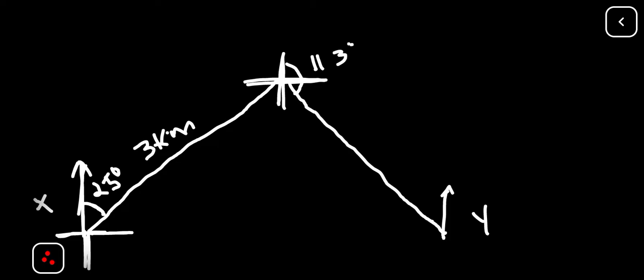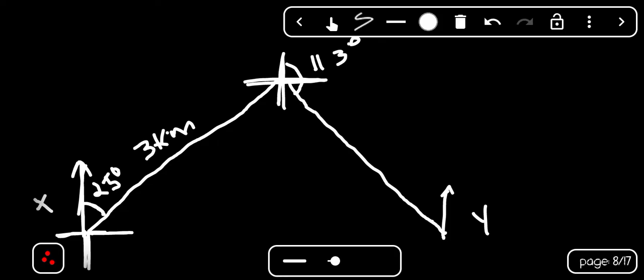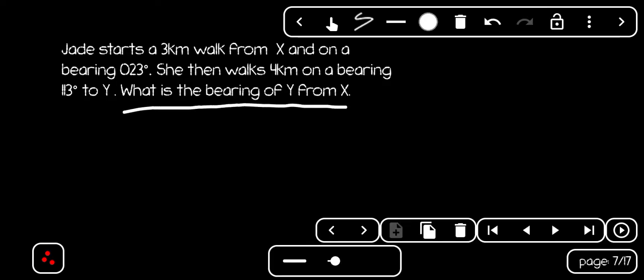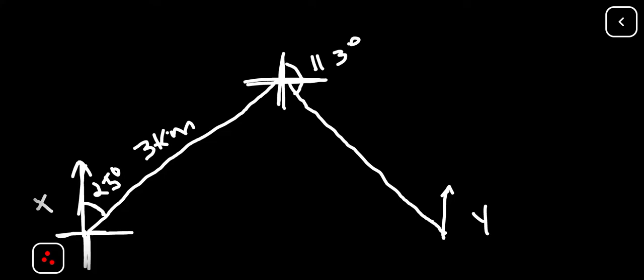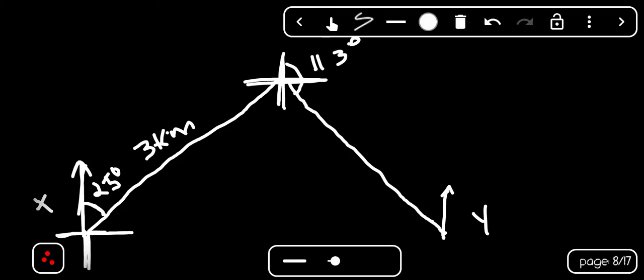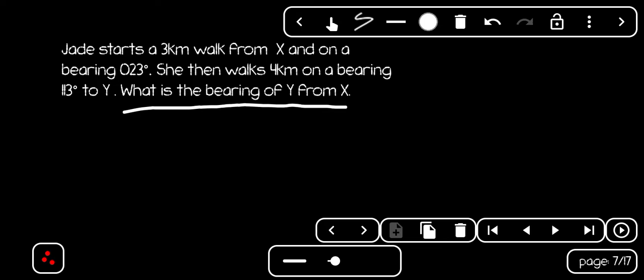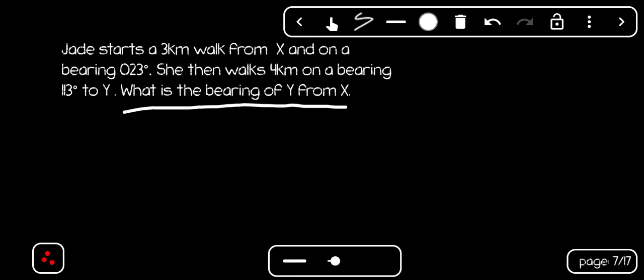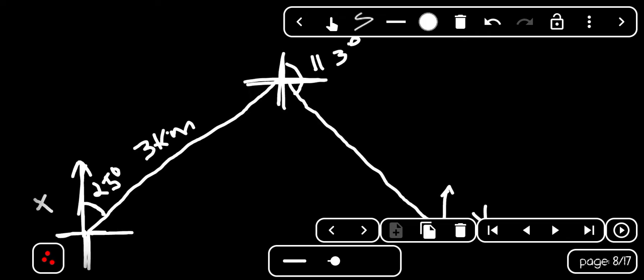Okay, so now the question is, what is the bearing of Y from X? Now let's see, they want to know the bearing of Y from X. Let's see, of Y from X. So basically they're asking you to find this bearing.